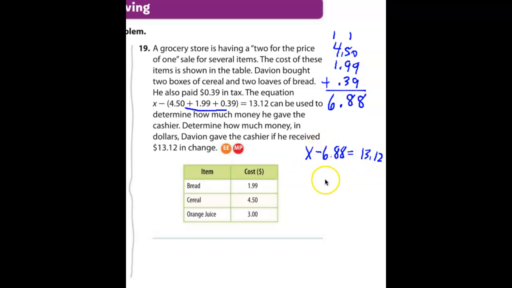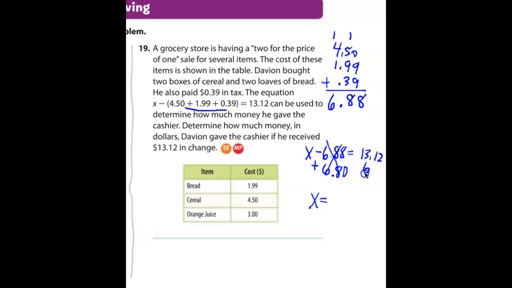If I want to get X by itself, then I'm going to have to do the inverse of minus $6.88. So what's the opposite going to be? Is that going to be add, subtract, multiply, or divide? Go ahead and answer that for me, please. Very good. We're going to actually add $6.88. This creates a 0 pair, so it leaves us with X on its own.